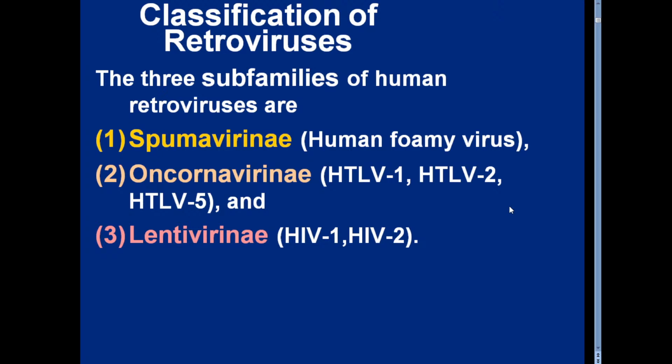Family Retroviridae is classified into three subfamilies. Spumavirinae, in which are present human foamy viruses. Oncoravirinae, in which are present human T-lymphotropic viruses 1, 2, and 5, and Lentivirinae, in which are present HIV viruses 1 and 2.